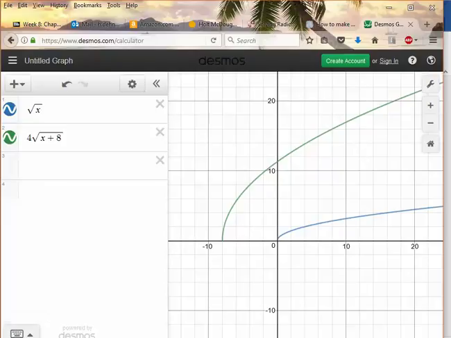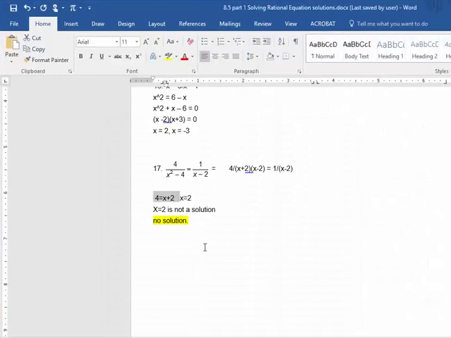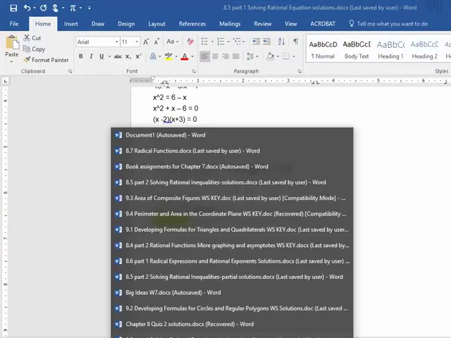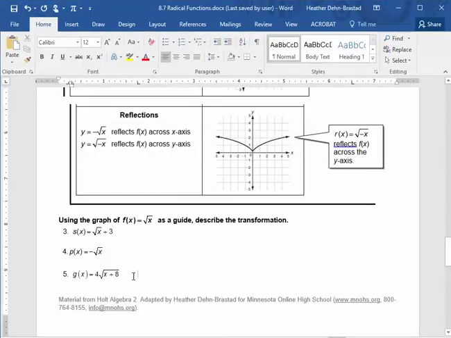So I'll go back to my worksheet to describe that transformation. It has a translation, 8 units left, and it has a stretch by 4.